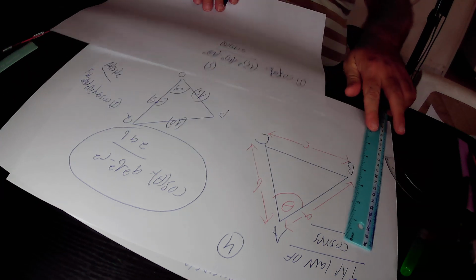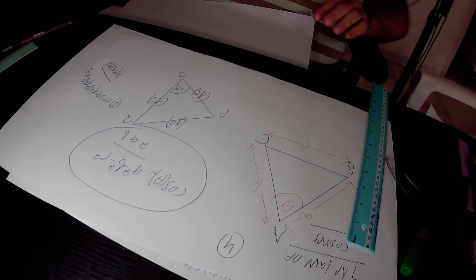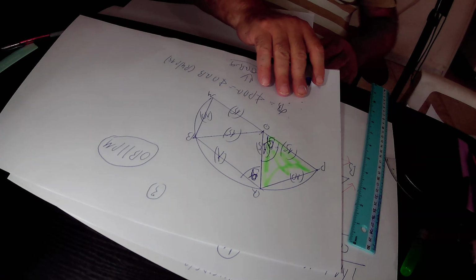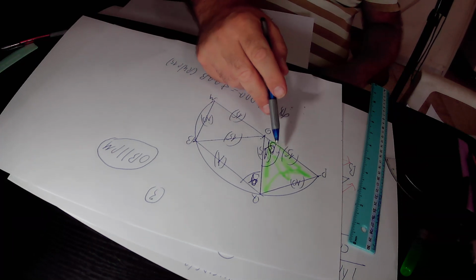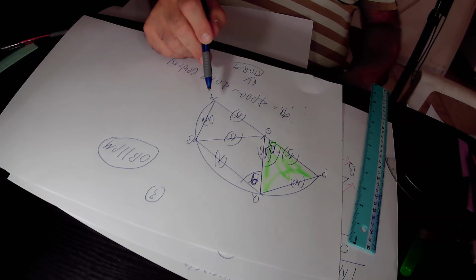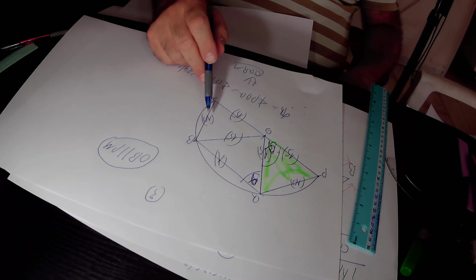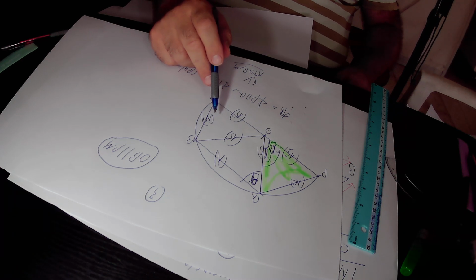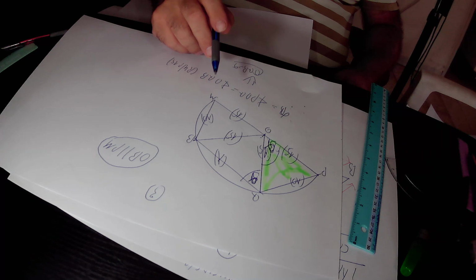In the next step, we copy this triangle, the white triangle QOB, in a new page, and we implement the law of cosines in this triangle, triangle QOB.